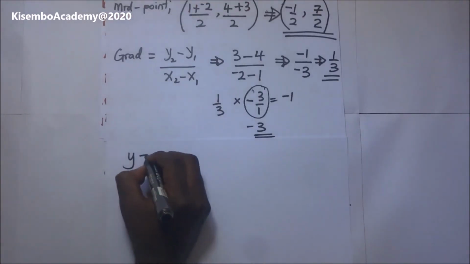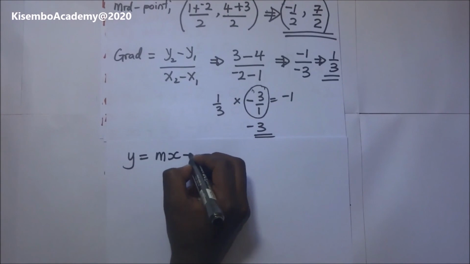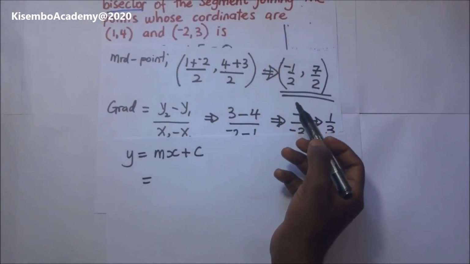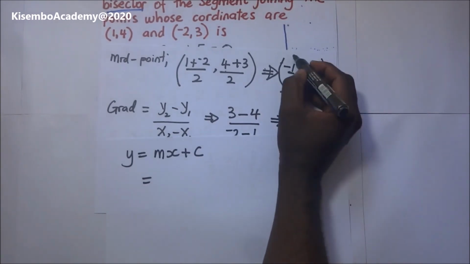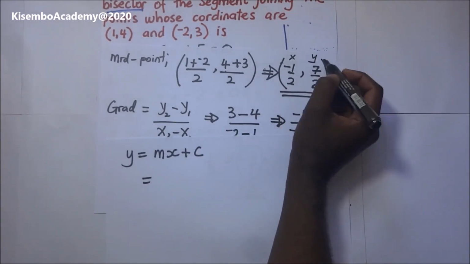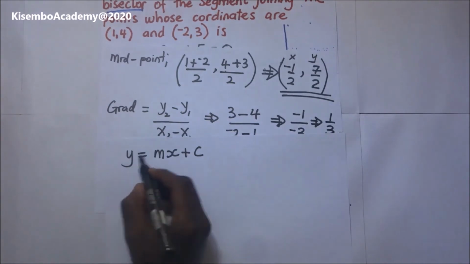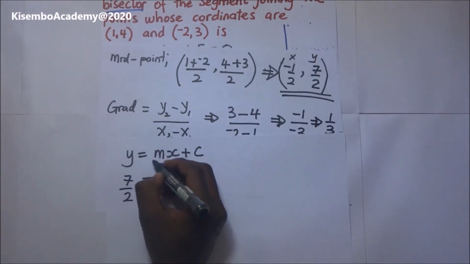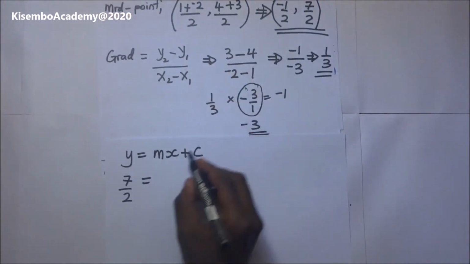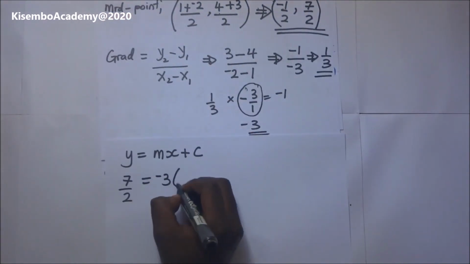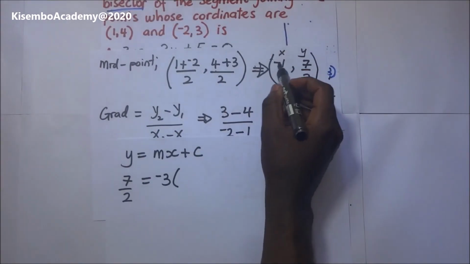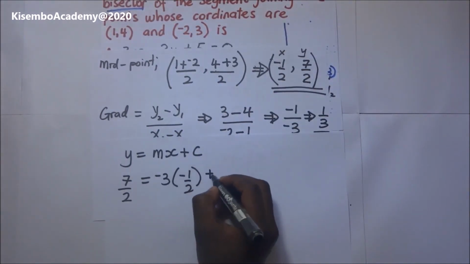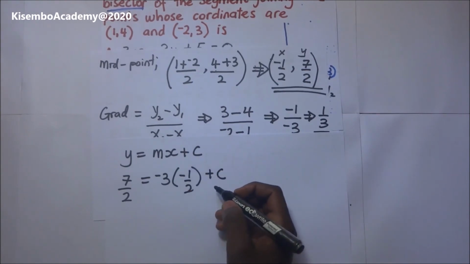We know that this perpendicular bisector is passing through this midpoint, point xy. So y is 7/2, so 7/2 is going to be equal to our gradient m. We got our gradient here as -3, so it's -3 times our value of x, which is -1/2, plus c. So we're trying to find the value of c.